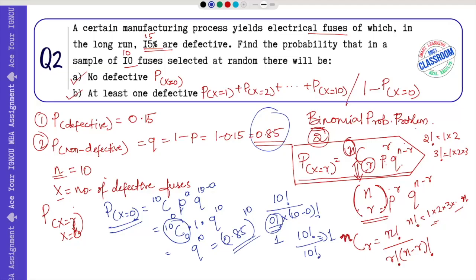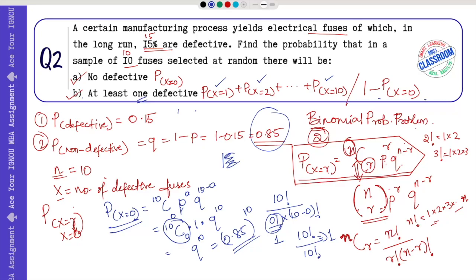Now, the next thing, at least one is defective. I said earlier also, at least one is defective means there is one or more defective. So probability of x equal to 1, x equal to 2, up to x equal to 10, add it all up together, or an easier way is 1 minus nothing is defective. That is 1 minus probability of x equal to 0.